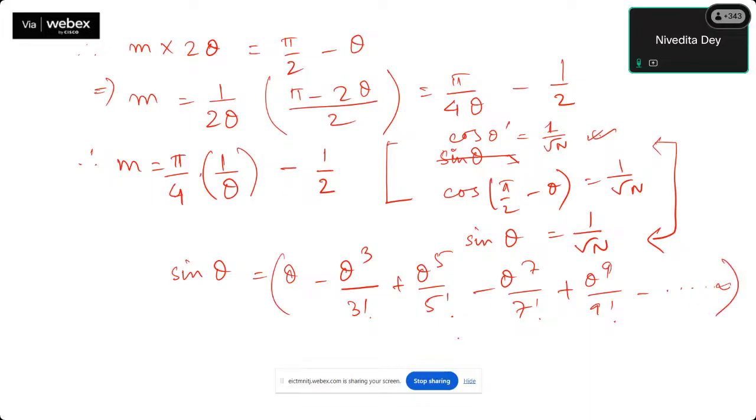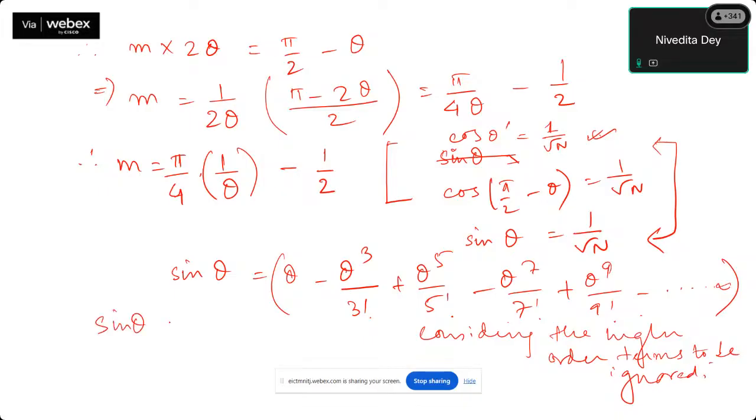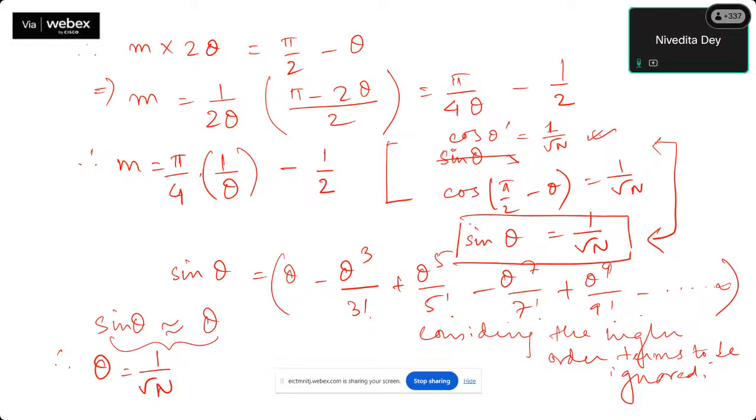Now considering the higher order terms to be ignored, we get sine theta is equal to theta for theta very small, since higher order terms have very little impact. So sine theta is equal to theta. So can I write that theta is nothing but 1 by root n, because sine theta was equal to 1 by root n? Definitely yes.